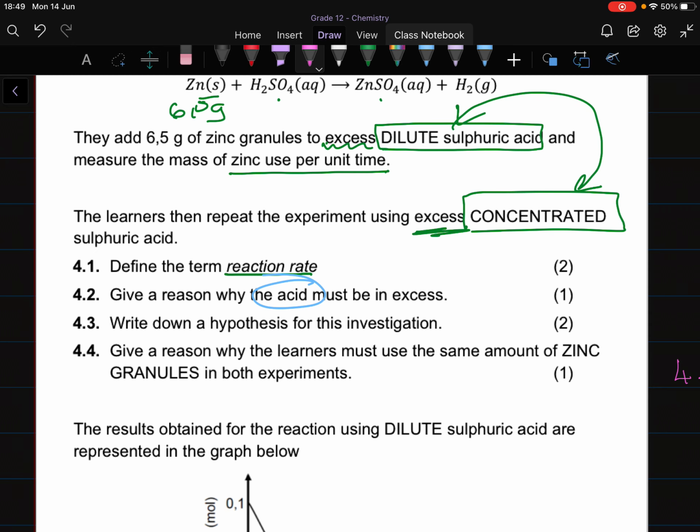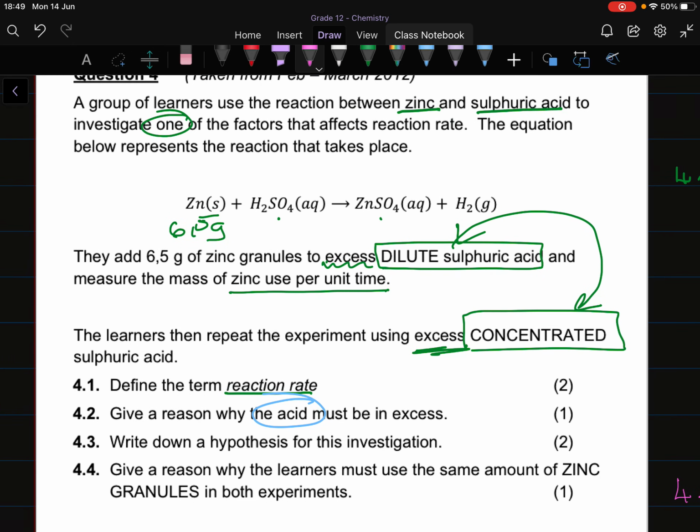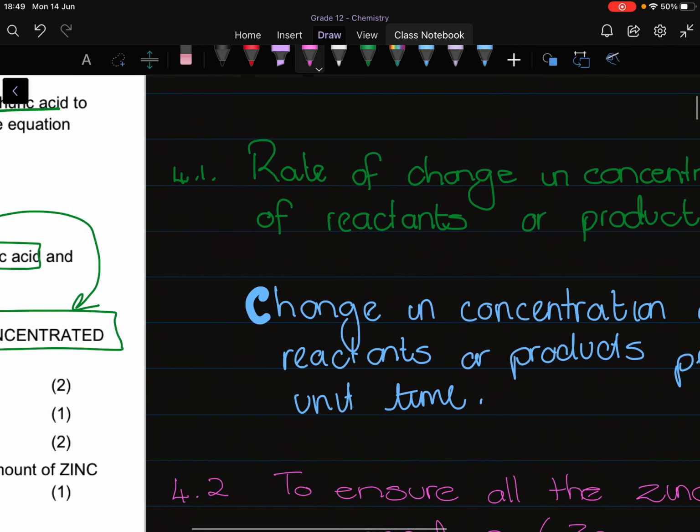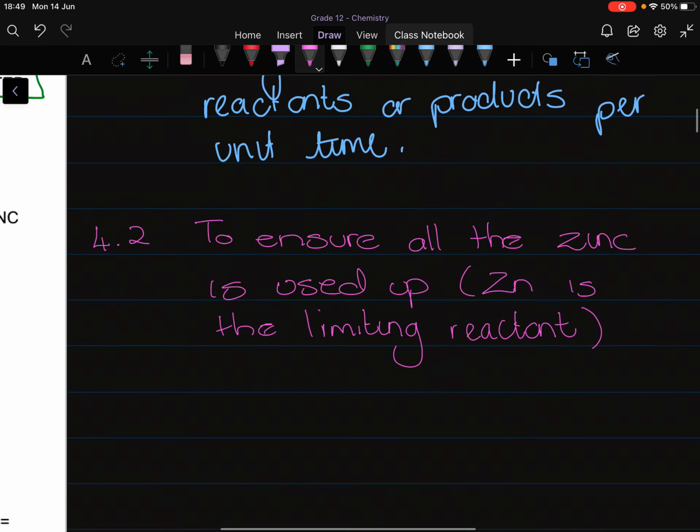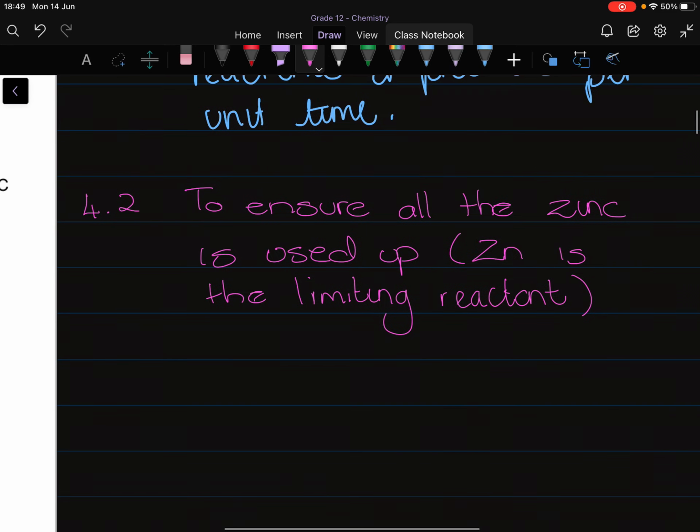Great. Write down a hypothesis. Now, here's why I made such a deal out of the dilute and the concentrated, because my hypothesis is what do we think the conclusion's going to be? We are looking at reaction rate and concentration. Basically, do you understand how reaction rate and concentration work together?